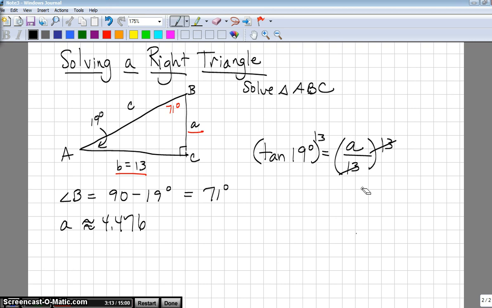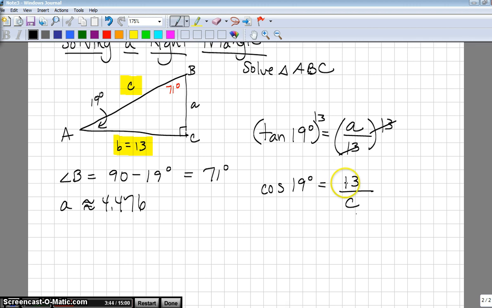So let's go back to our triangle, and if we're looking from the 19 degree angle, then now we know the adjacent side, and we want to know the hypotenuse. So which trig ratio involves adjacent and hypotenuse? The cosine ratio. So the cosine of 19 degrees is equal to the adjacent side, which is 13, over the hypotenuse, which is c. To solve for c, first we have to multiply both sides by c to get it out of the denominator.